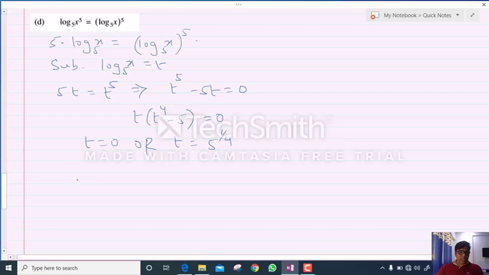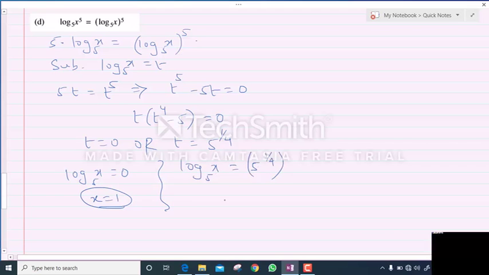But what was t? t was log x to the base 5, that is equal to 0. So this is 0 only when x is equal to 1. Right? So that's one of your solutions. Next, t is equal to this. So in this case, log x to the base 5 is equal to 5 raised to 1 by 4. So this becomes a bit complicated. x is equal to 5 raised to whatever this number is.